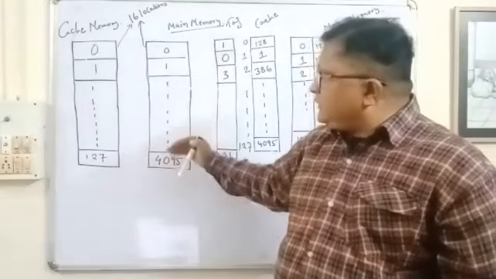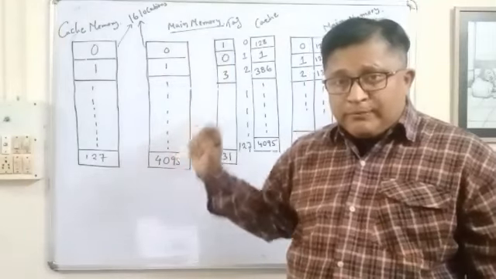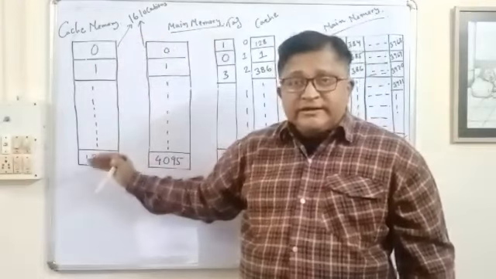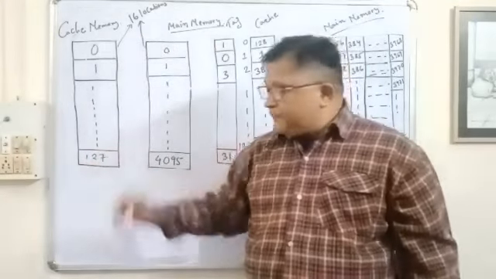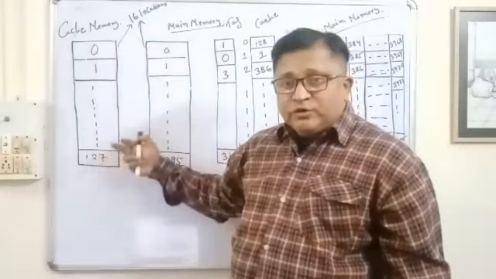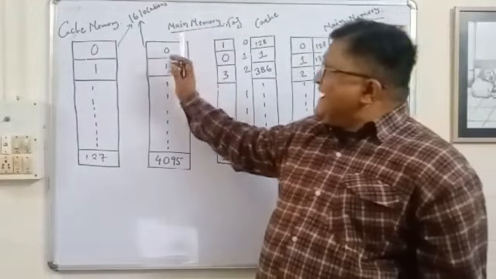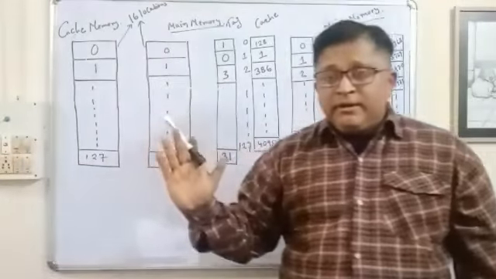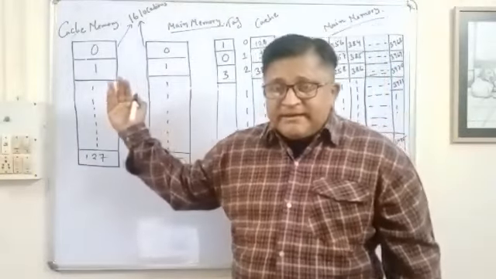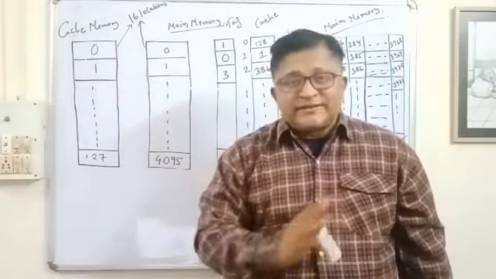The counting starts from 0, the last frame will be 127, total 128. Each page of the main memory is divided into 16 locations. Similarly, each frame in the cache memory is divided into 16 locations as well.